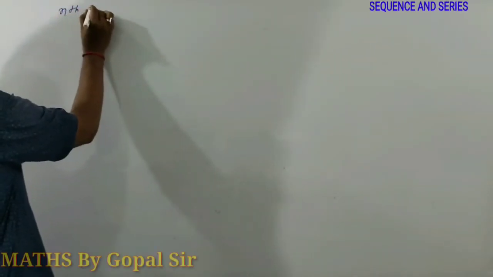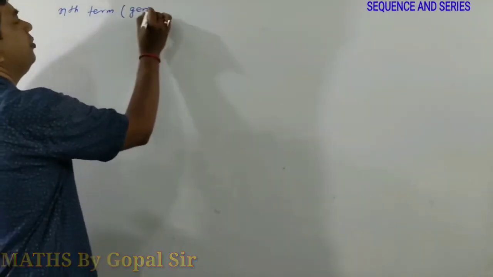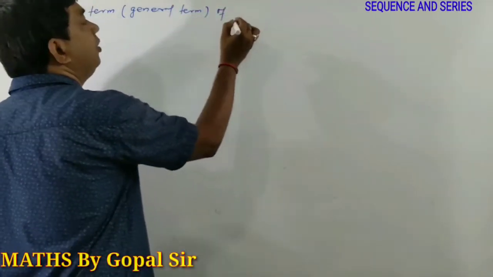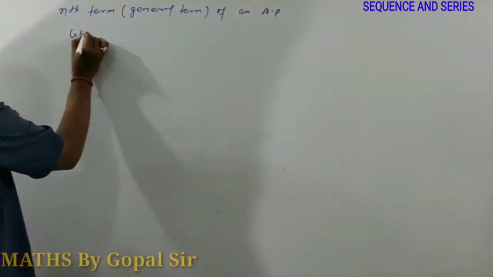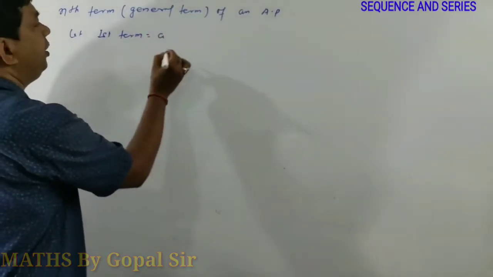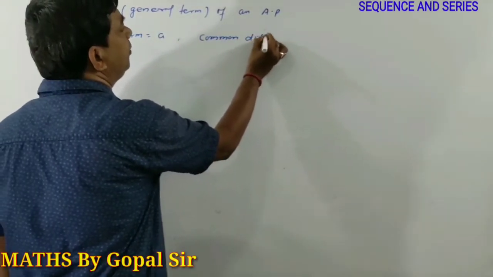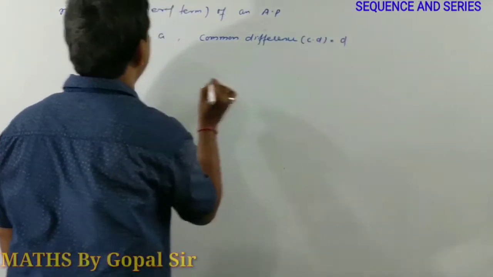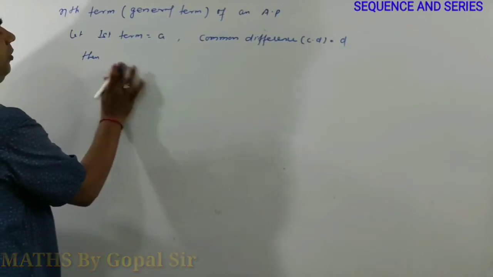The nth term, also called the general term, of an AP. Let the first term be A and the common difference, called CD, be D. Then the first term is denoted by T1.